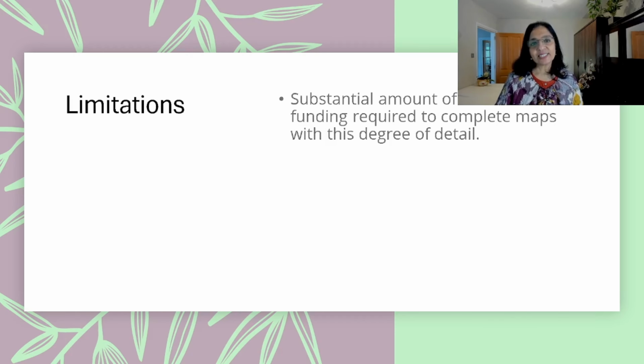What is the limitation of this approach? It is not a limitation as such, but we would like to acknowledge that we need a substantial amount of time and funding to complete maps of this degree of detail. Because it's not just mapping the literature, the systematic reviews, we need to identify the interventions available in the local context.